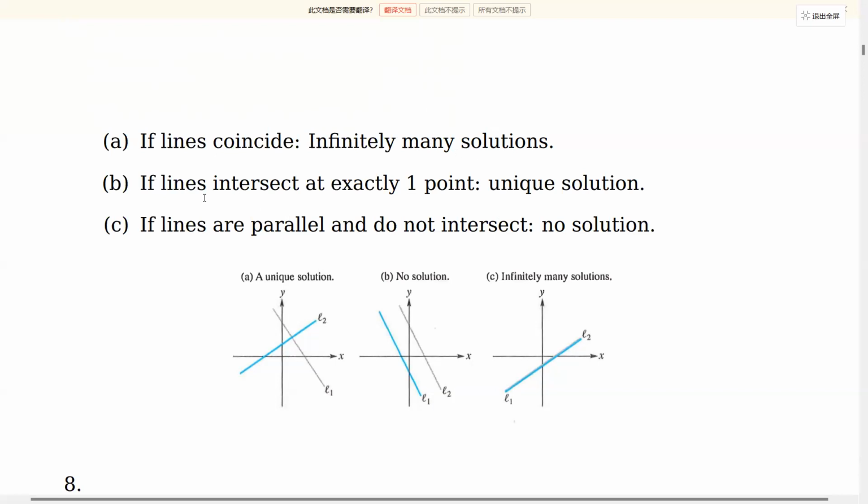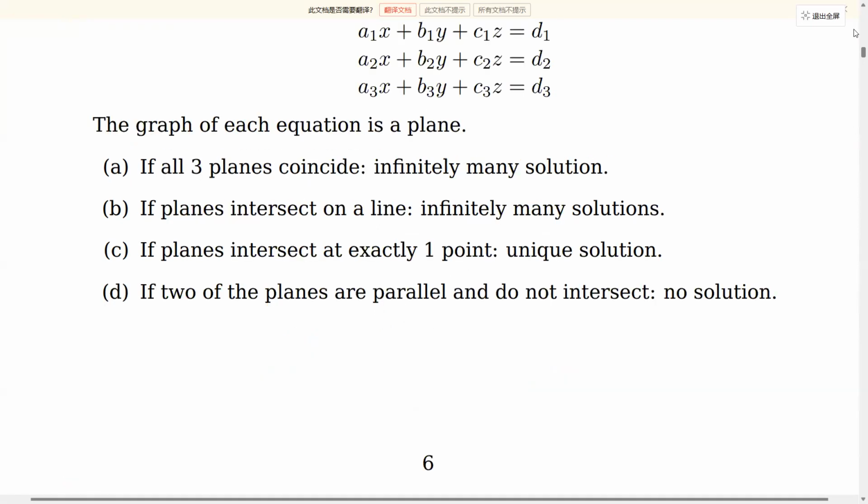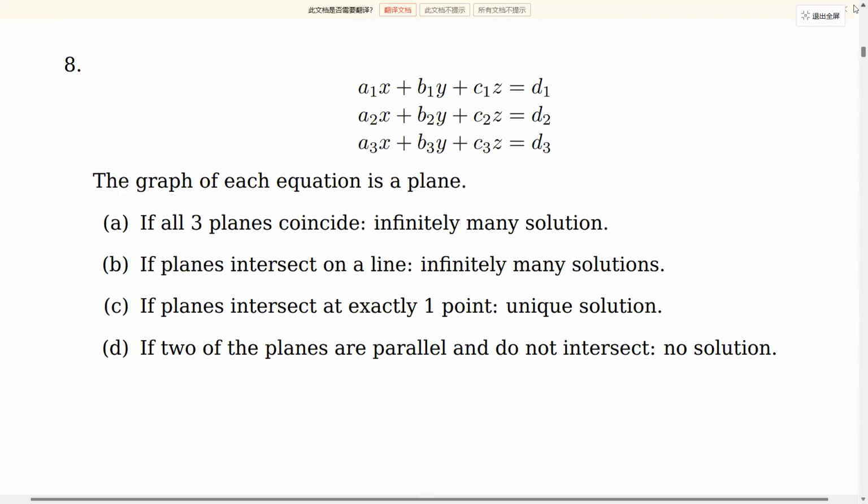If the two lines intersect at exactly one point, then you have a unique solution at the intersection. And if two lines are parallel but do not intersect, then you don't have any solution, and no common point between these two lines, right? So you can understand everything in terms of geometry, and this is a very important thing to know.